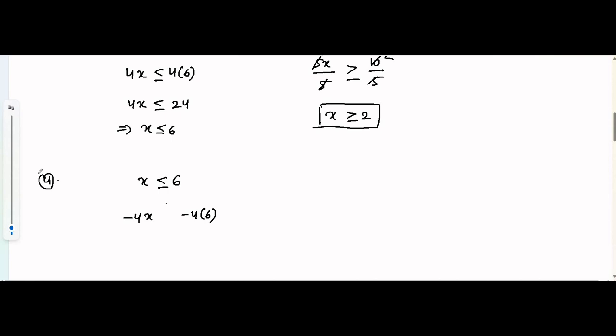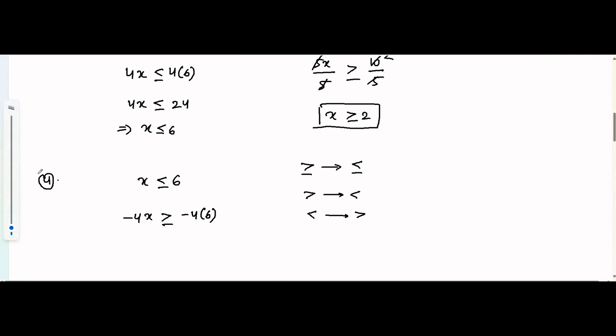In this case the sign of inequality will reverse. If it is less than or equal to, it will become greater than or equal to. If it is greater than or equal to, it will become less than or equal to. If it is greater than, it will become less than. If it is less than, it will become greater than. The sign of inequality will reverse when we multiply both sides of the inequation by the same negative number.